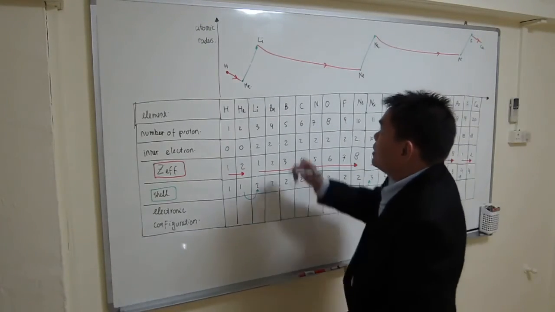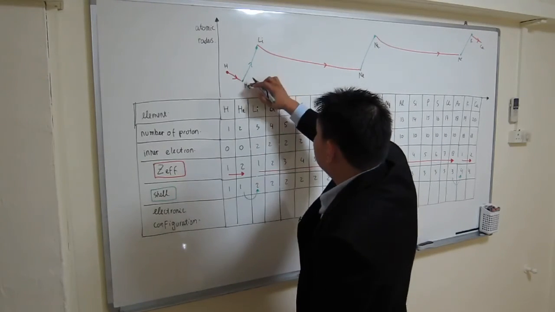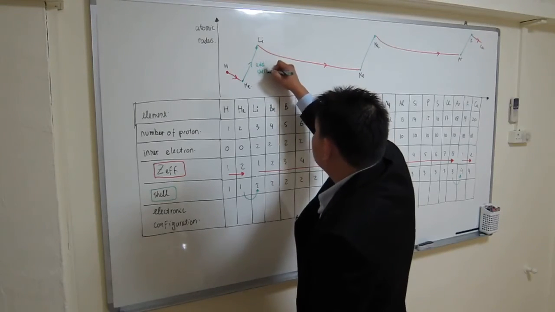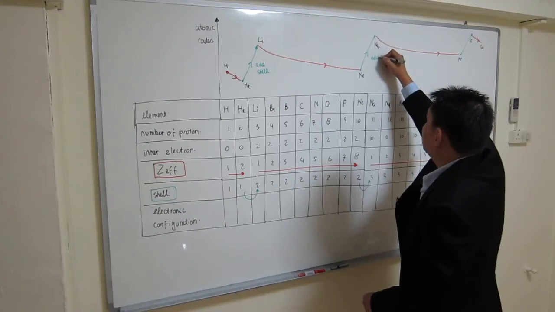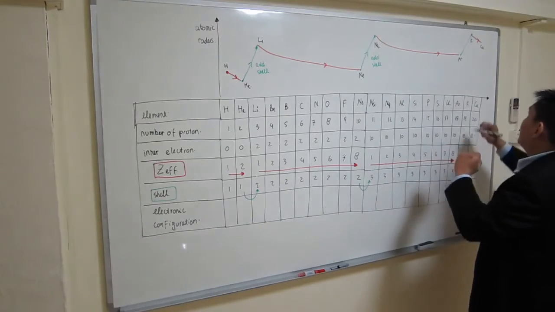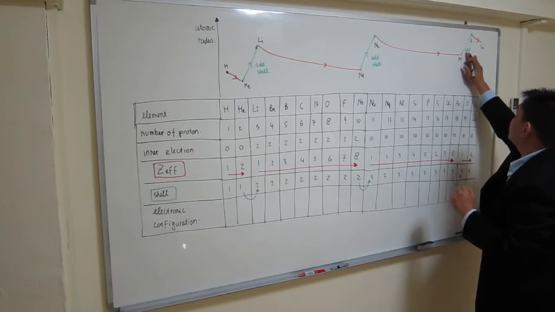We can put an extra explanation here. This, from helium to lithium, is because you add one more shell. The same thing happens from neon to sodium, and from argon to potassium.